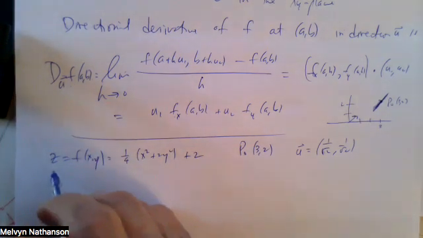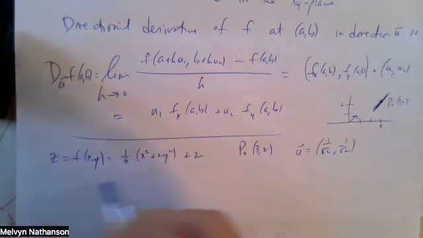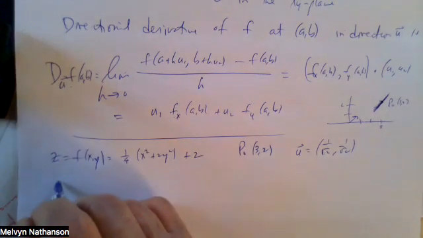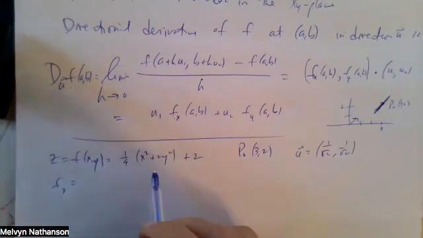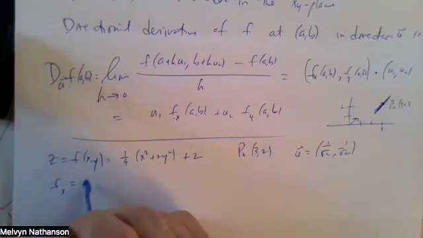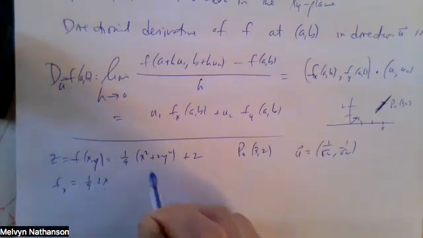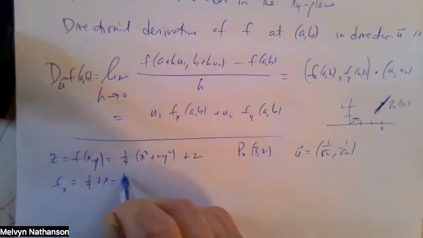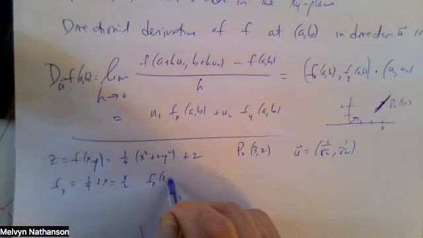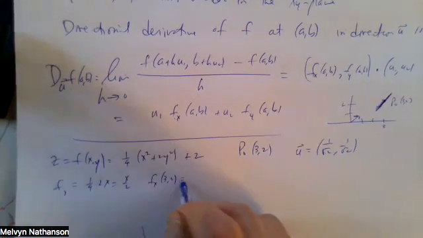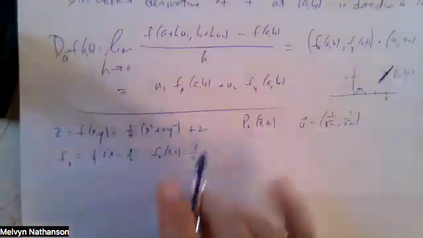So for this function, the partial of f with respect to x is 1/4 times 2x, which is x over 2. So at the point (3, 2), the partial derivative is 3/2.